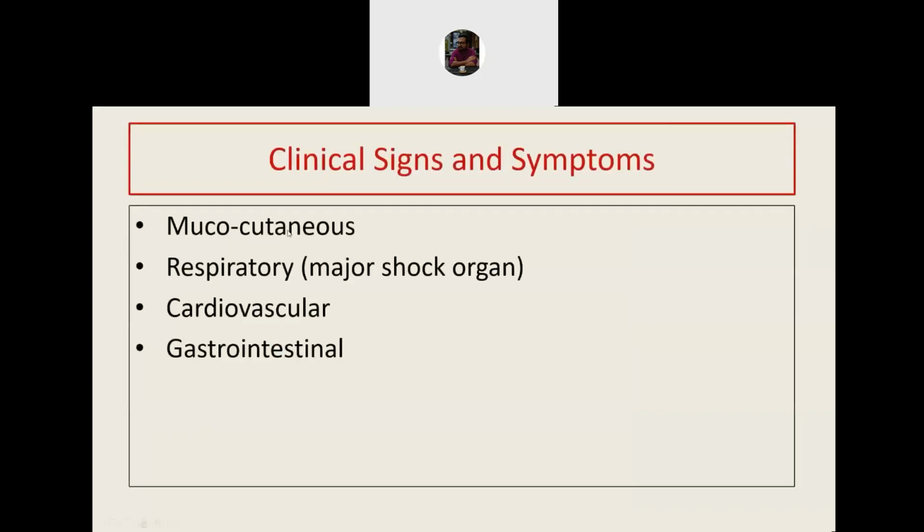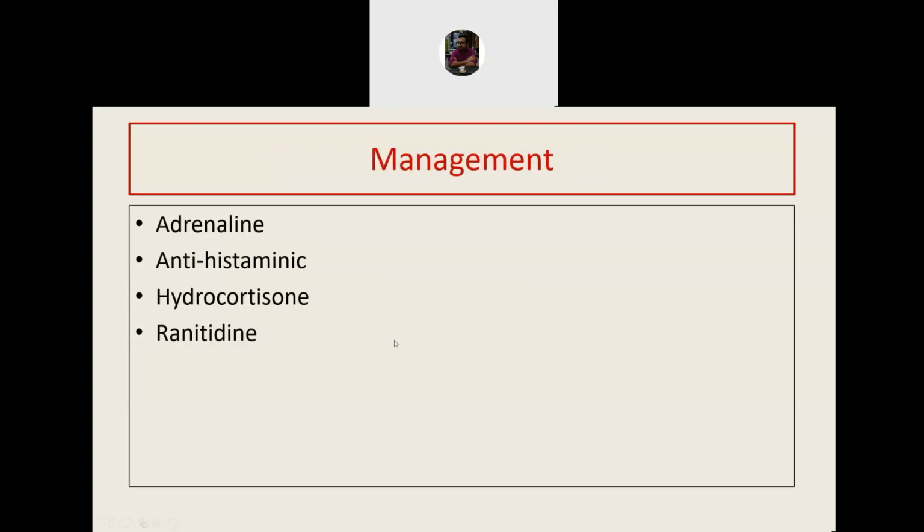So the symptoms can be mucocutaneous like allergic rash, respiratory like laryngospasm, cardiovascular like reduced cardiac output, sometimes GI features like diarrhea. Management should be done with adrenaline. Along with that, for preventing the next episode, we can use antihistaminics, we can use glucocorticoids like hydrocortisone, and we can use H2 receptor blockers like ranitidine.